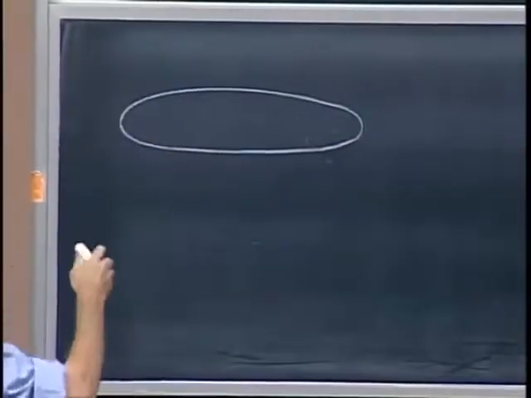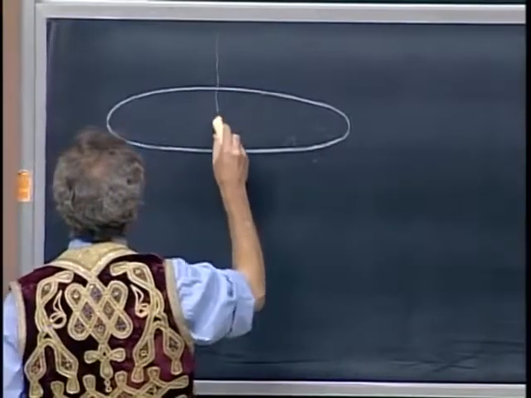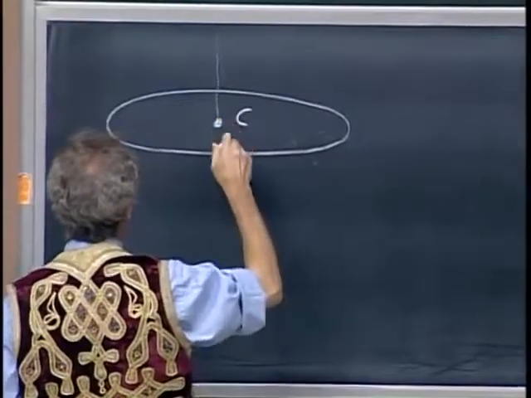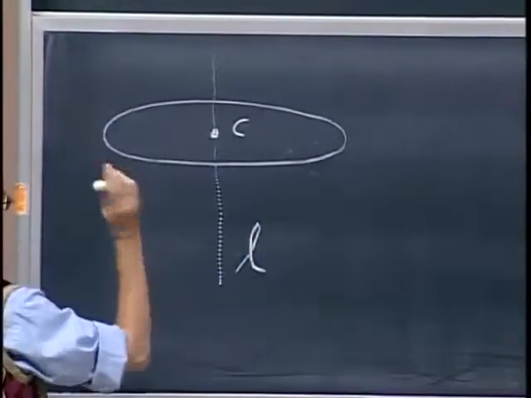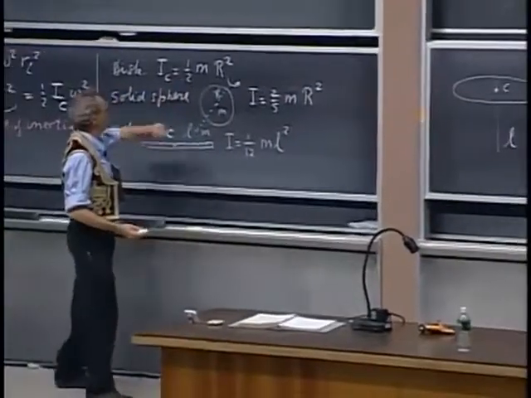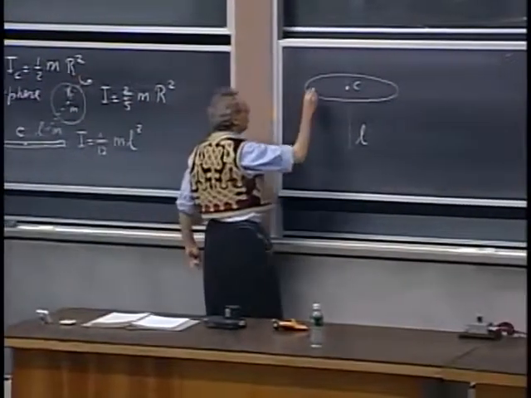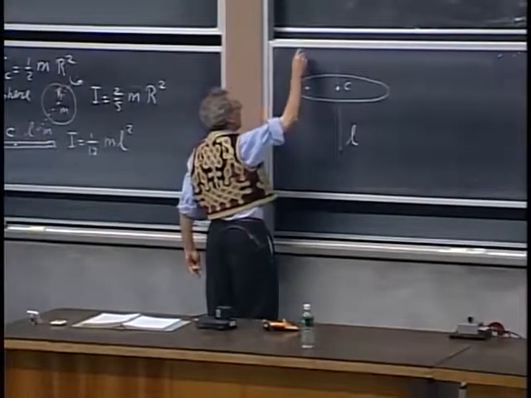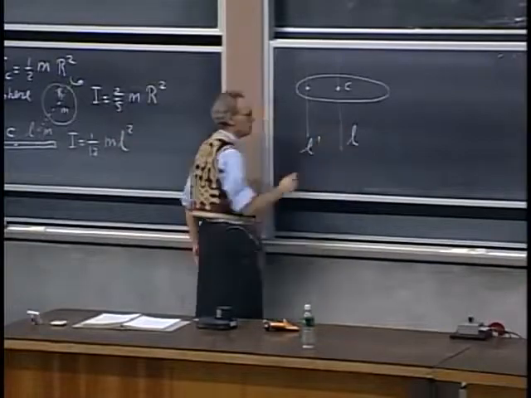Suppose we have a rotating disk, and I will make you see the disk now with depth. So this is a disk, and we just discussed the rotation about the center of mass, and I call this axis L. It was rotating like this, and it was perpendicular to the disk. This is the moment of inertia. But now I'm going to drill a hole here, and I have here an axis, L prime, which is parallel to that one.